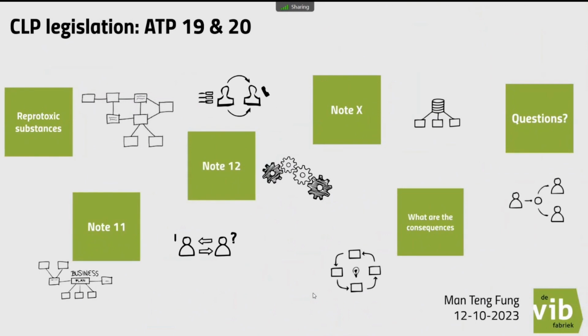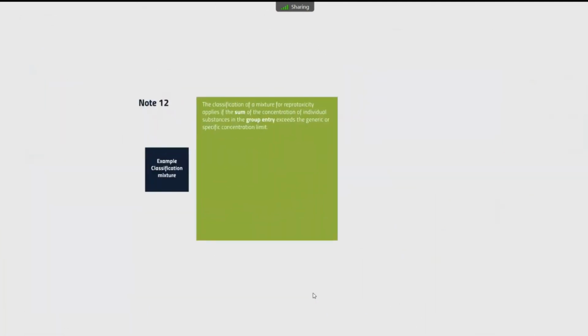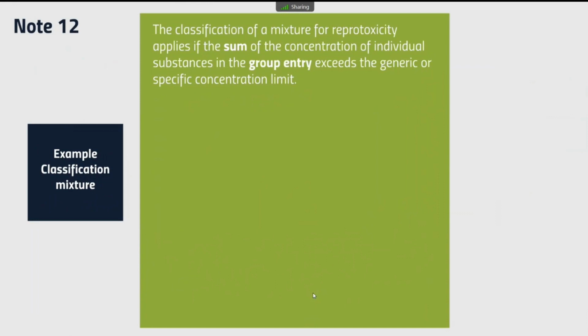Now, if you look at another note, that's note 12, which is also newly introduced in ATP 19. It's quite similar to note 11. In this case, we're not looking at individual entries that have this change in how to classify a mixture with these types of reprotoxic substances, but at a group entry.